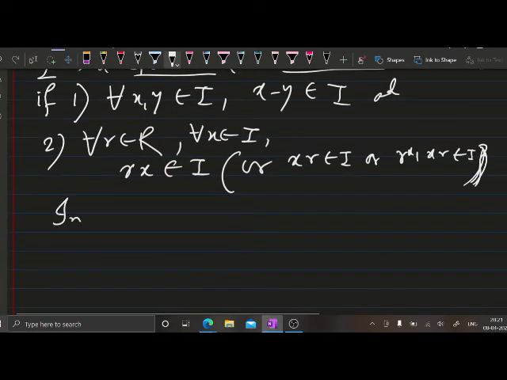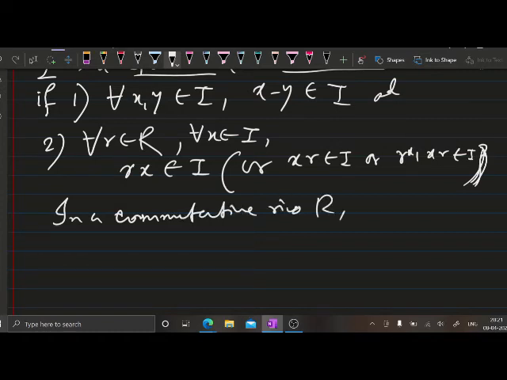So in a commutative ring R, the concept of a left ideal and the concept of a right ideal are the same, because xr is equal to rx. So then we will consider only ideals. We will talk about ideals.